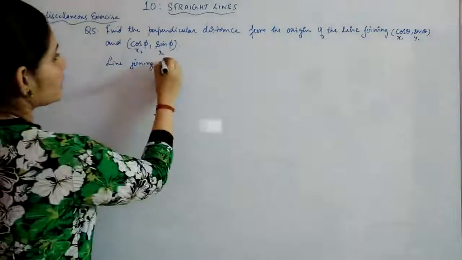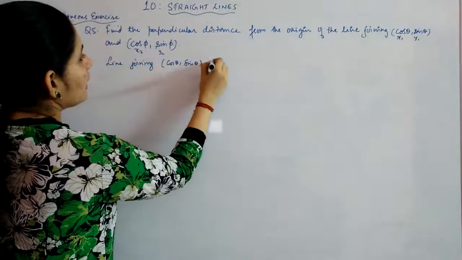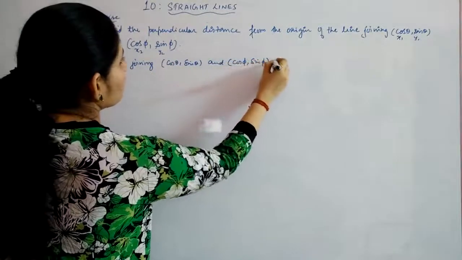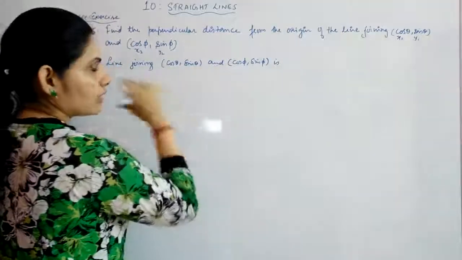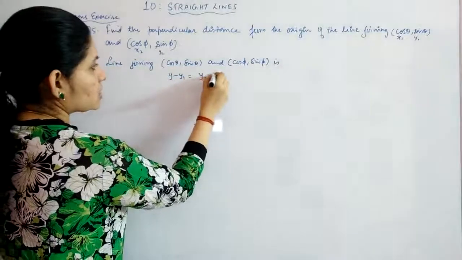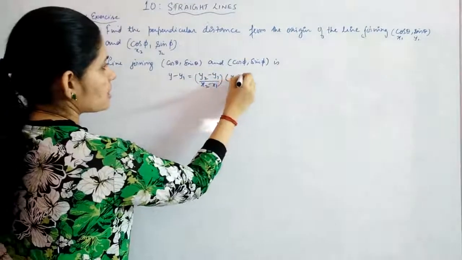The line joining cos theta sin theta and cos phi sin phi is given by, what is the formula? You are using y minus y1 is equal to y2 minus y1 by x2 minus x1 into x minus x1.